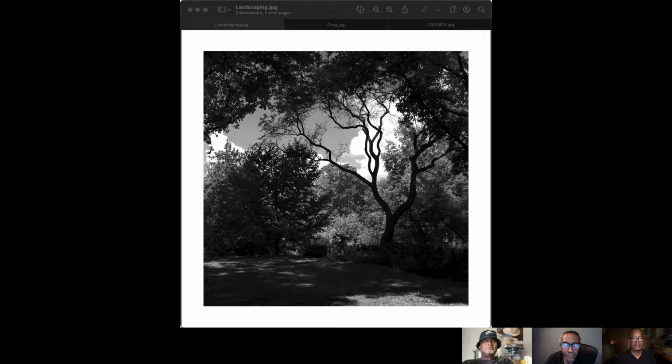Now, in this image, you see a variety of grays, and you see that the tree, it looks like it has no or very little foliage on the lower part of the tree, is the sort of pure black part of the image. And therefore, everything else is sort of in relief to that. It's a silhouette study. So that tree is in silhouette.